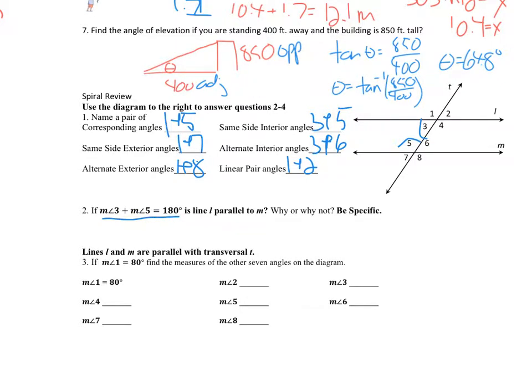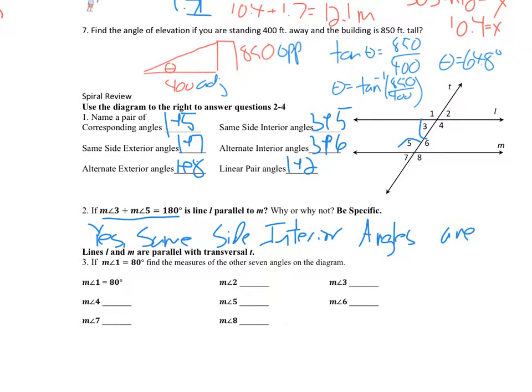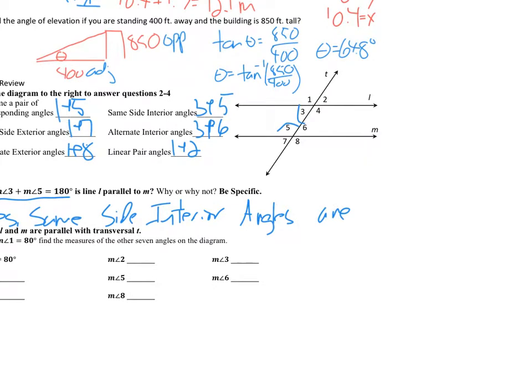So is line L parallel to line M? Well, based on those adding up to 180 and that they are same side interior angles, we would say yes, because same side interior angles are supplementary.